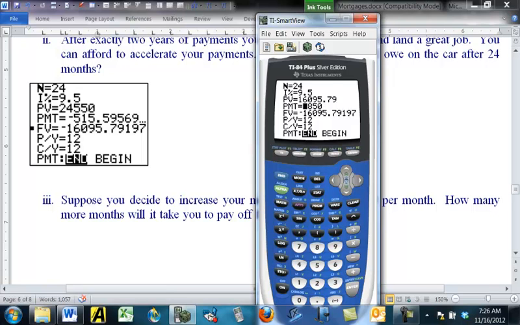Oh, that should be a negative 850. Future value is still going to go back to 0, and we solve for how long it's going to take. How many payments would it take? It may be a fraction here, 20 point something, so 20 full payments and then a partial 21st payment. So in 21 months, you'll have it paid off at this new rate.